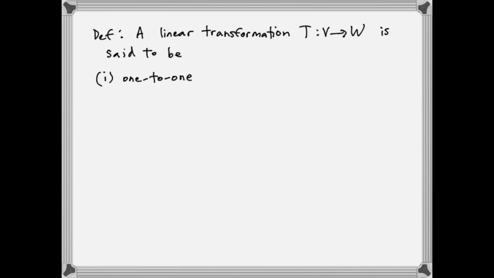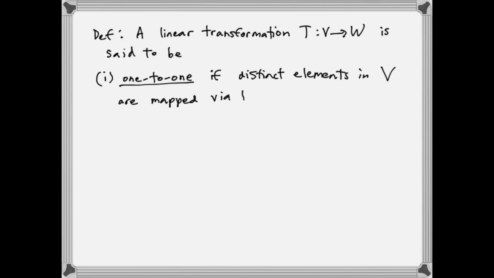It's said to be one-to-one if distinct elements in V are mapped via T to distinct elements in W. Okay, so different things in V go to different things in W.